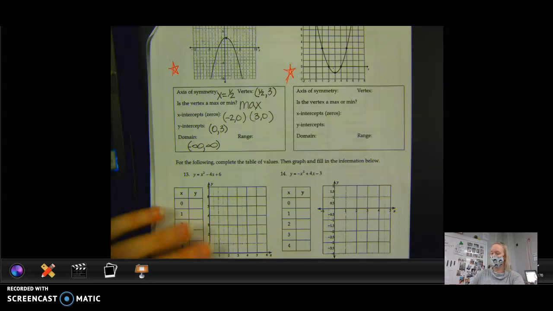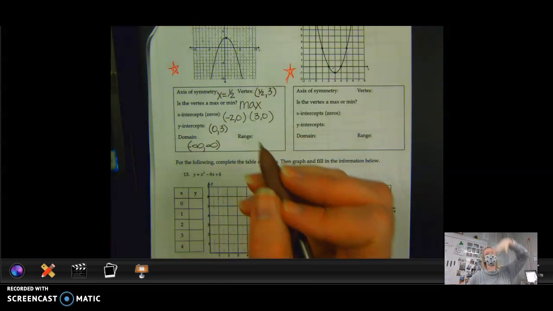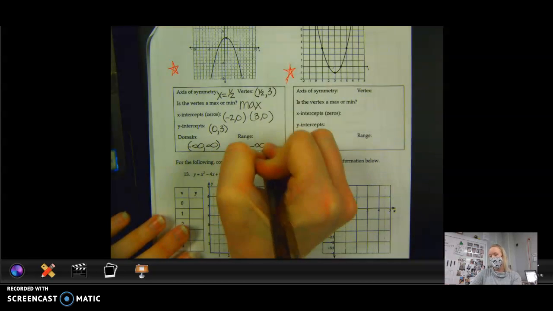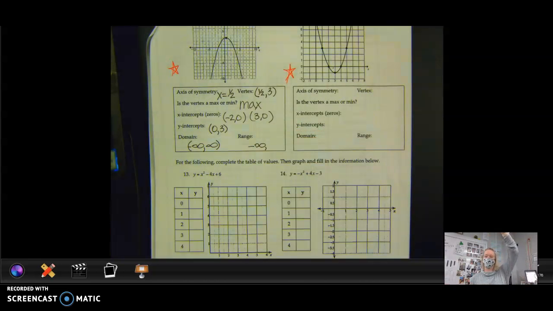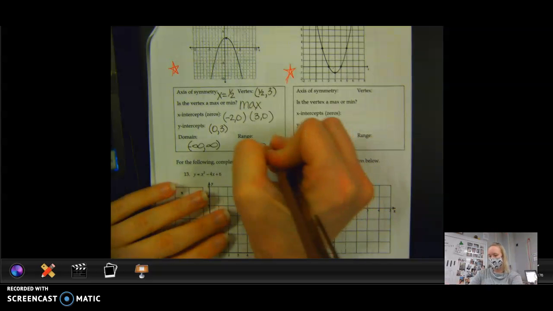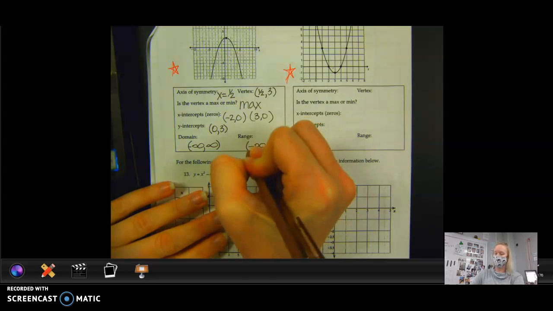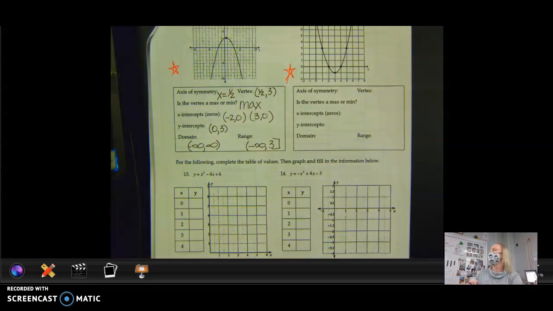Okay, so let's remember that. Range is Y's. So we always start smallest. Where does it go all the way down to? -infinity. What's the tallest it's going to go? +3. 3 is a number, so it gets a bracket. Infinity gets a parenthesis. Okay?